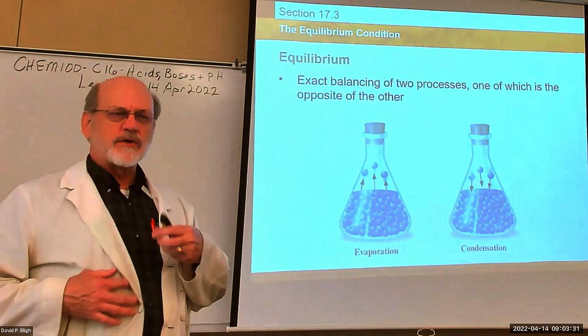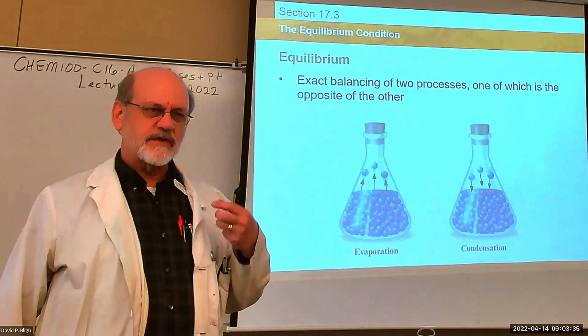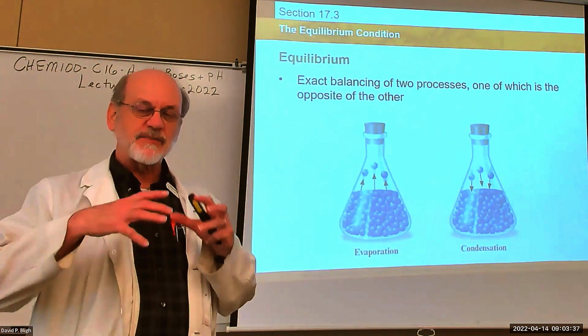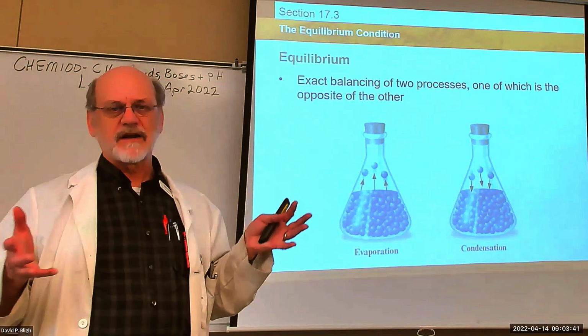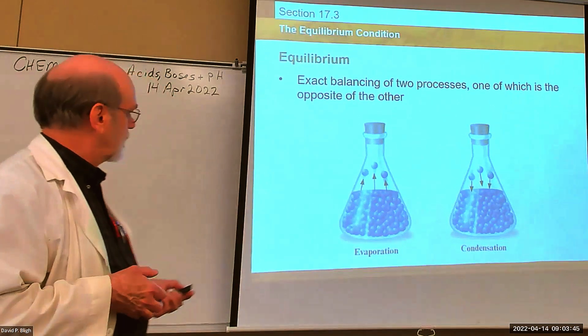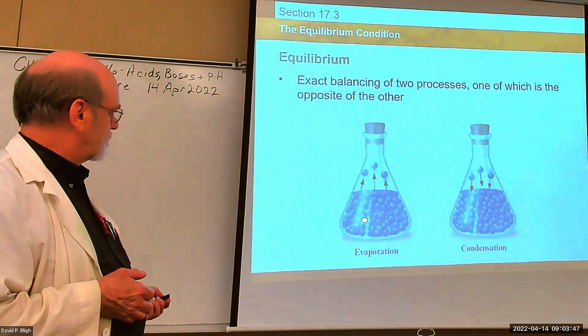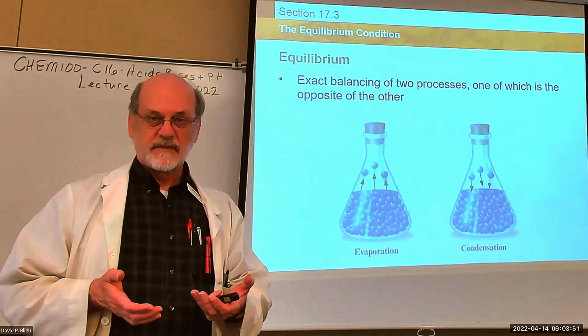When we're talking about liquids, I'm pretty sure we mentioned that when a liquid is in a confined space, and if the liquid has any volatility at all, then some of the liquid will escape into the vapor phase.